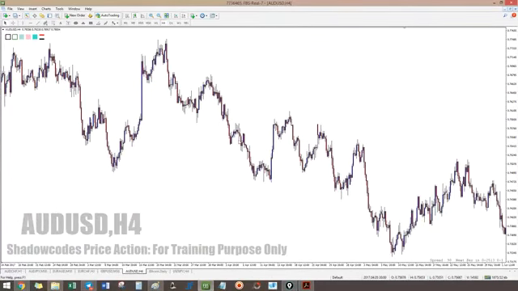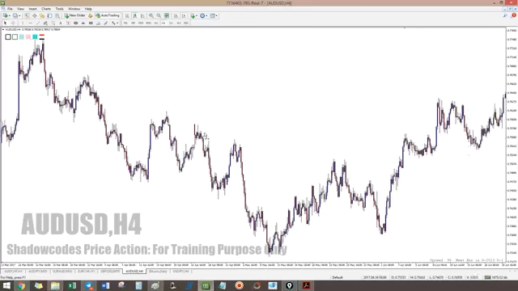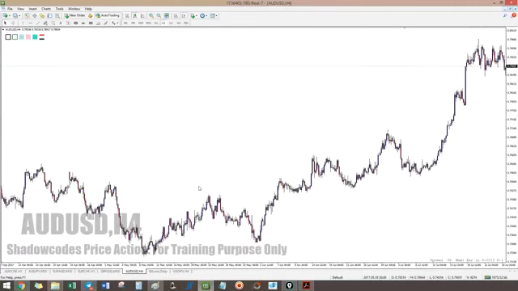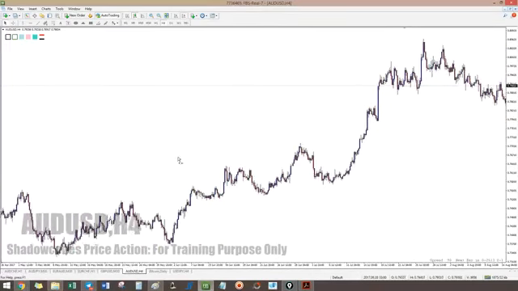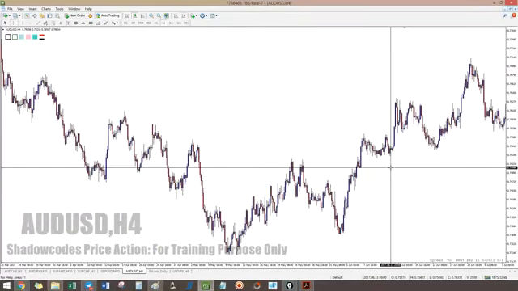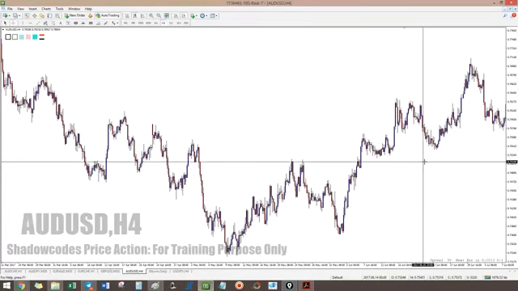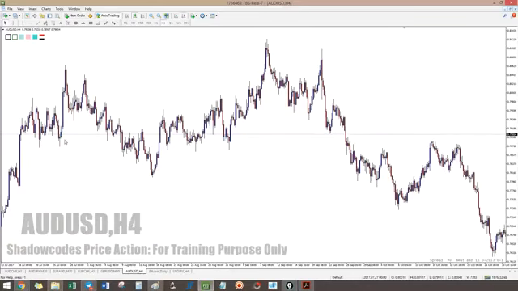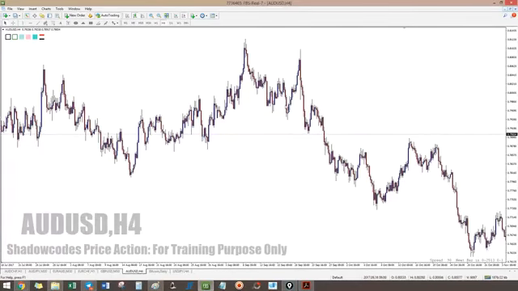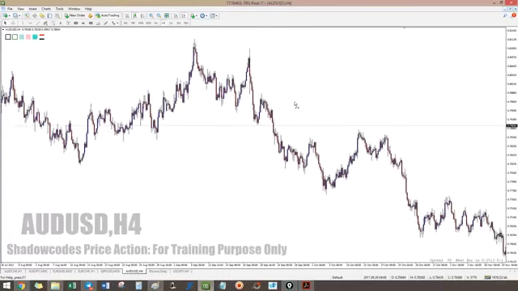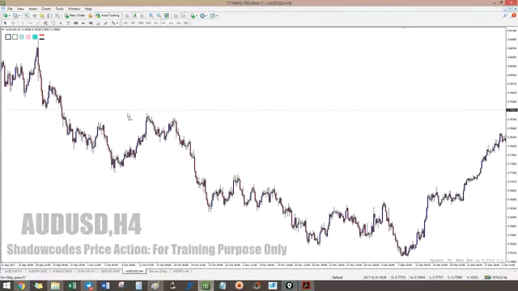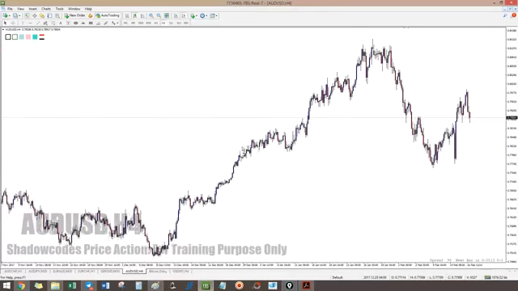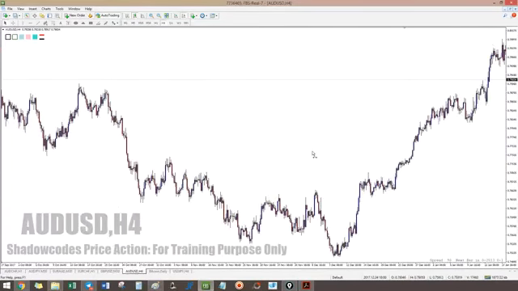Drop base drop as a swap zone. Wow, it's quite difficult. Wait. Drop base drop as a swap zone.